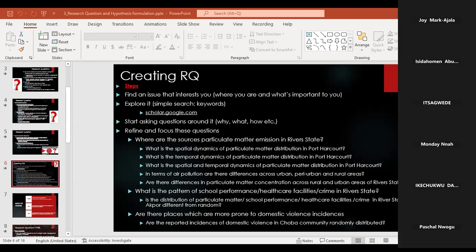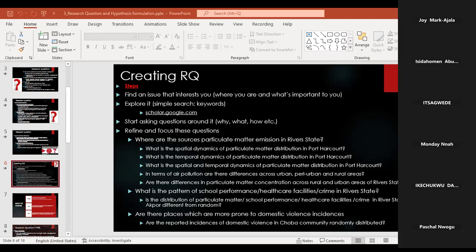Tell us what was done, how it was done, what were their findings, and what are the limitations of that particular work. Is it that they considered so variable, and they missed out so thing and so thing?